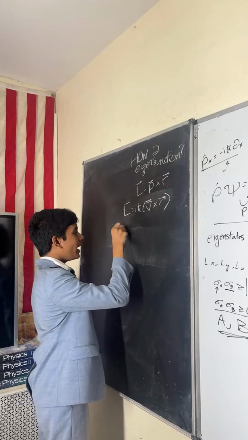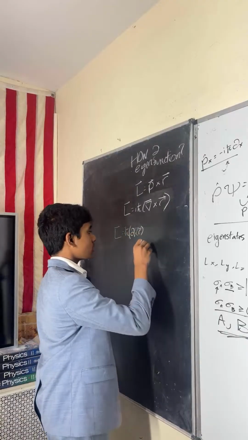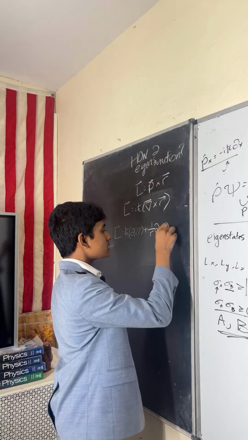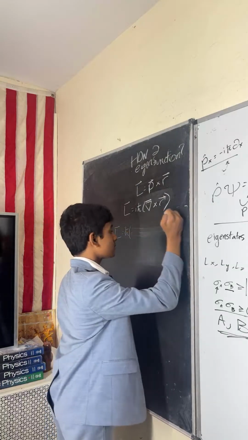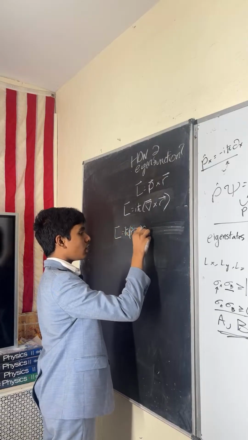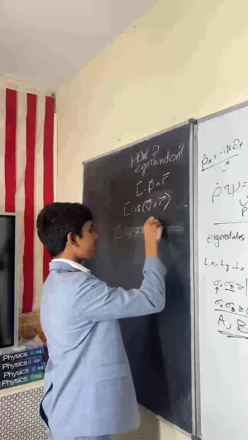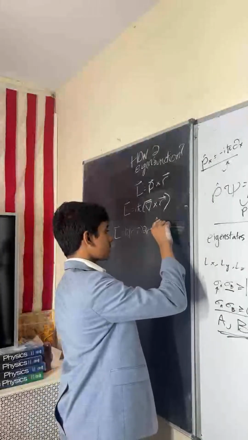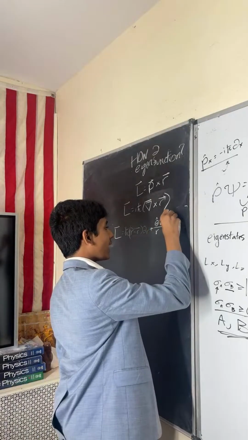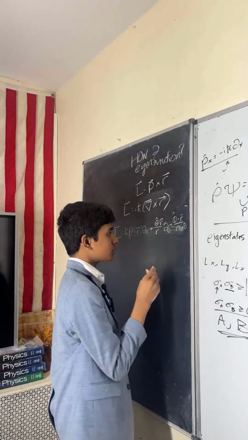Well, we're going to get i h bar times r hat dot r partial r, plus 1 over r theta hat times r partial theta, plus phi hat dot r over r sine theta multiplied by partial phi.